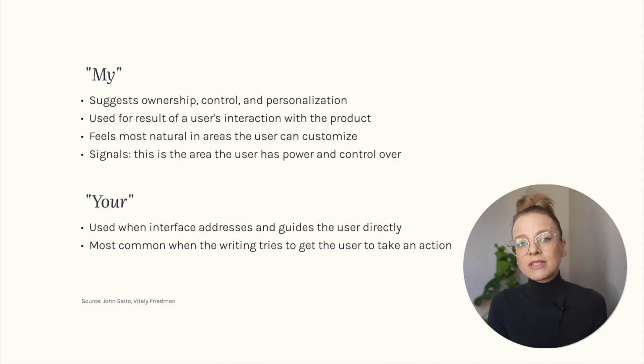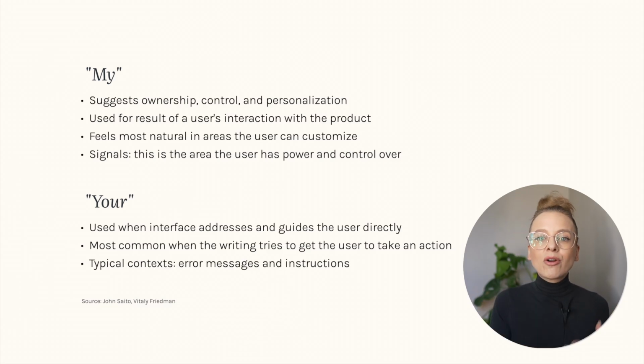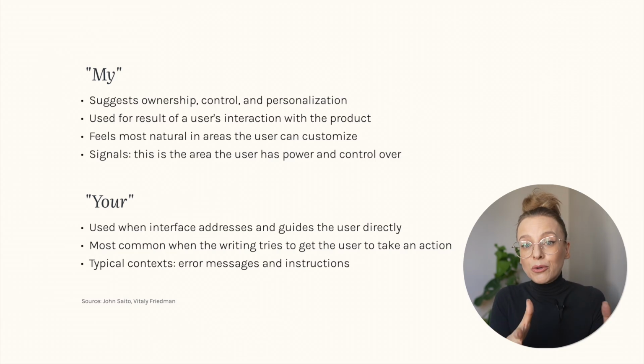That is why we often see it in contexts of error messages, for example, where the user needs to take action in order to move on. Or we see it a lot in instructions, like "tell us your preferences," but also "fill your list with your favorite shows." So we're basically talking about the same list, but it's not filled yet, not customized yet. So the product tries to get us to take action.